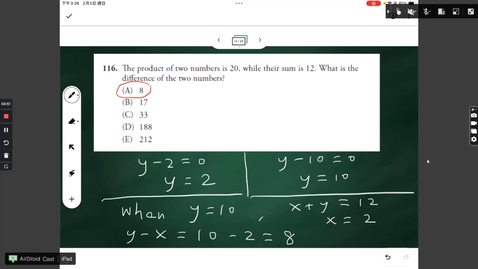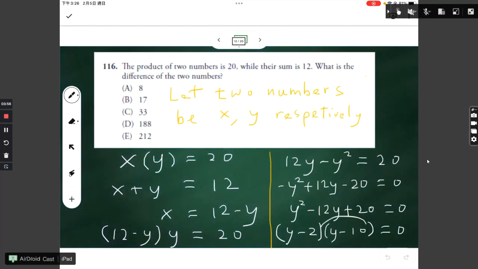Either y minus 2 is 0 or y minus 10 is 0.